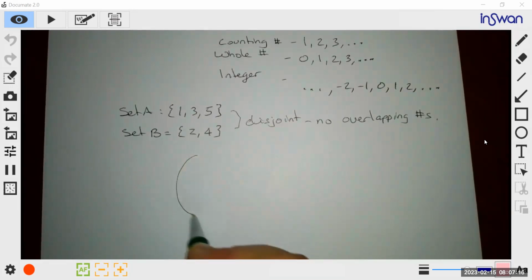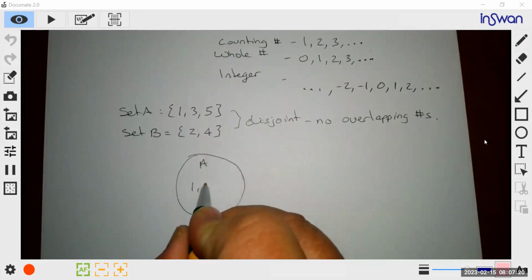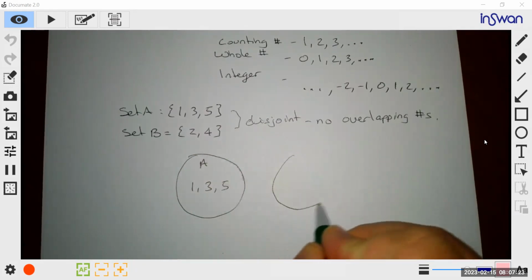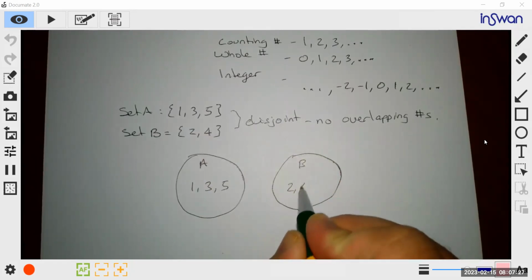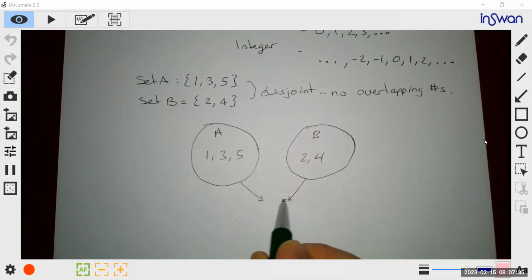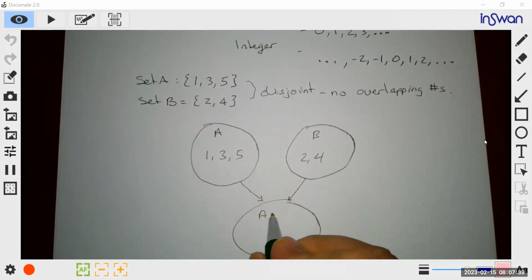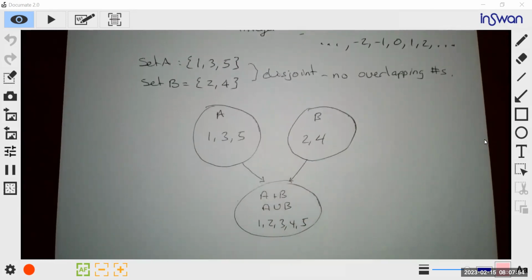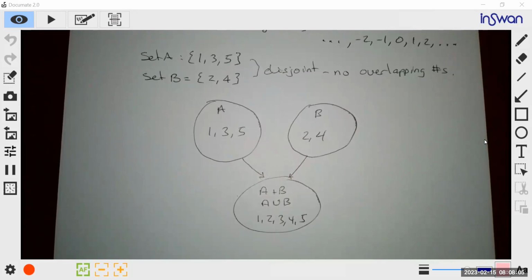So set A is 1, 3, 5. Set B is 2, 4. A plus B, which is also the union of A and B, is a set 1, 2, 3, 4, 5. So remember, these are the numbers we can use.